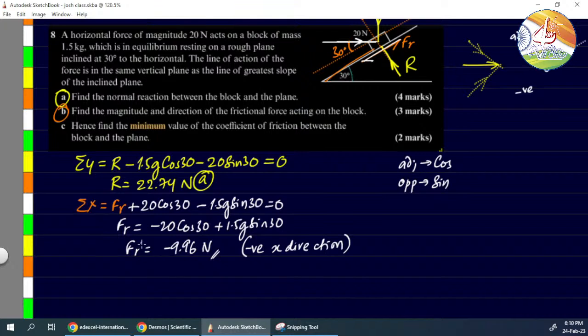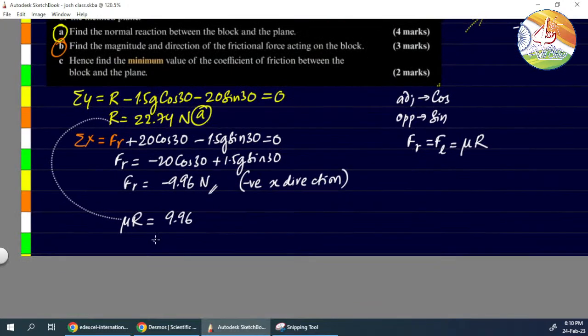So this should be equal to the limiting friction. What is the formula for limiting friction? Mu into r. So our friction Fr should be equal to Fl, that is mu r. So mu r should be equal to 9.96. Substitute the value of r and you will get mu. So 9.96 divided by 22.74. Find it. That is the answer.